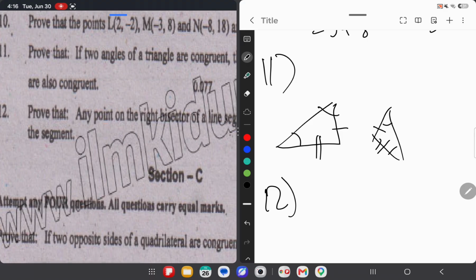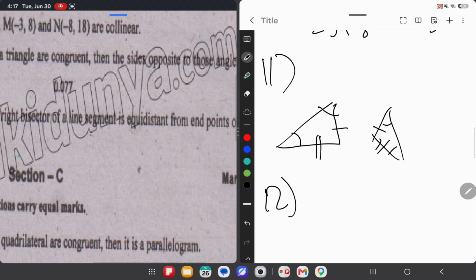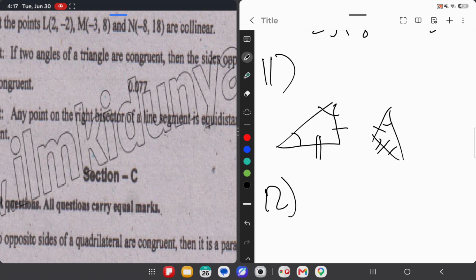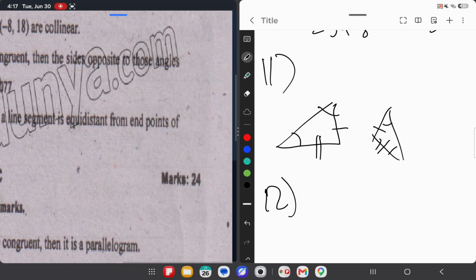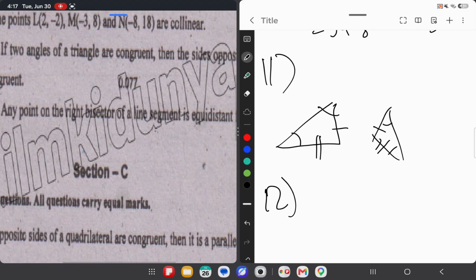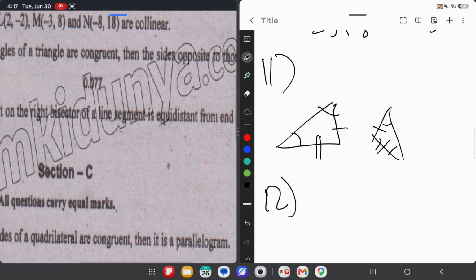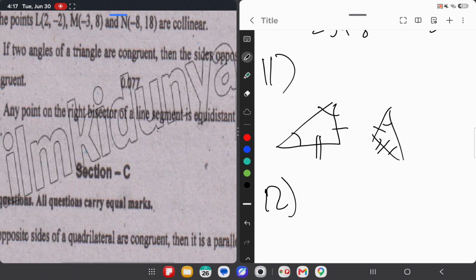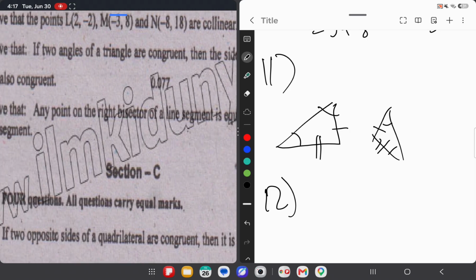Any point on the right bisector of a line segment is equidistant from the endpoints of the segment. You got to be joking me.